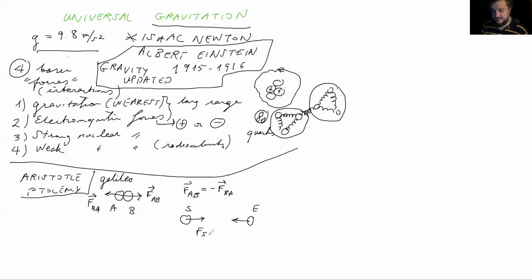So F sun pulling earth toward itself is equal to negative FES, the earth attracting the sun. Now, no matter how different the masses are, the force in magnitude will be the same. So the magnitude of FES will be equal to the magnitude of FSE.